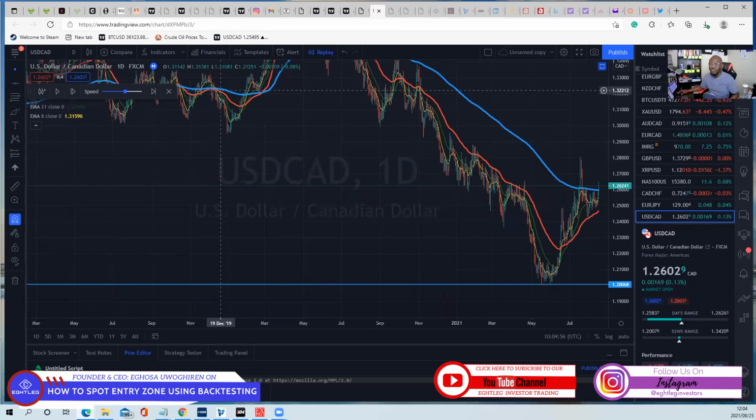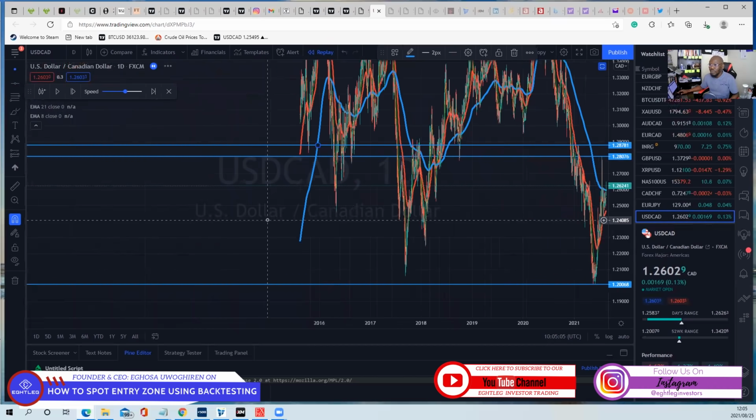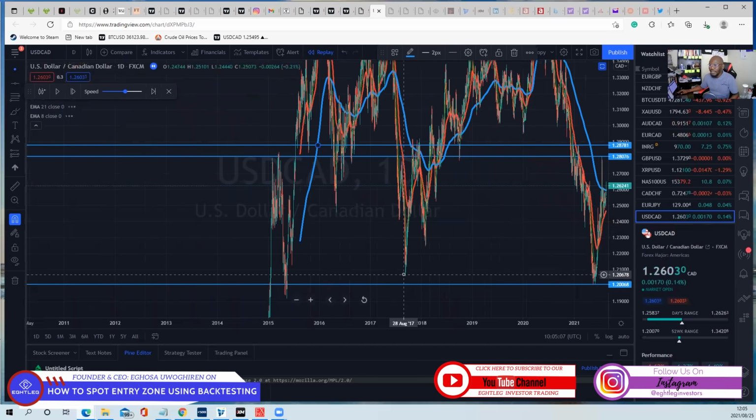Now I'm just going to draw. Let me just pick up my trend line here. After I saw one here, it's actually this level now that is very pivotal, this area now.